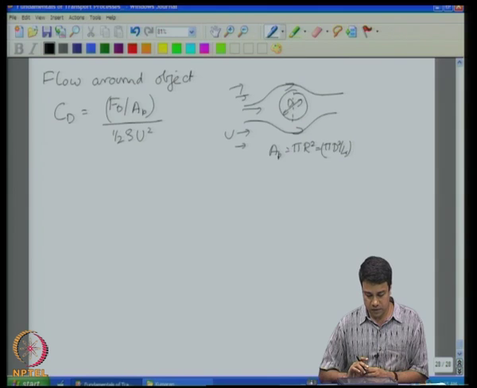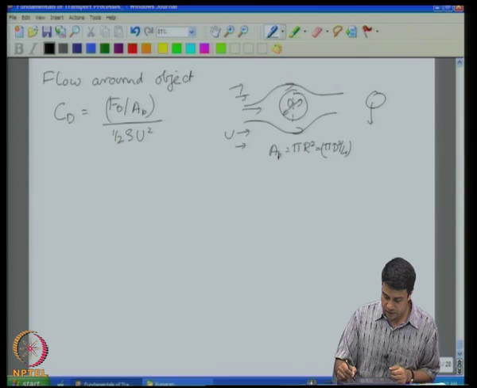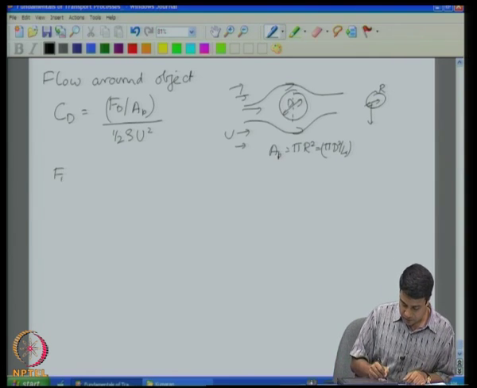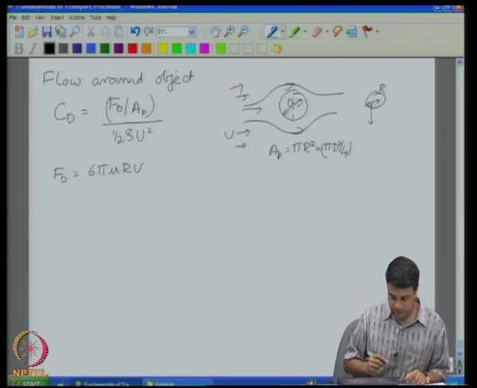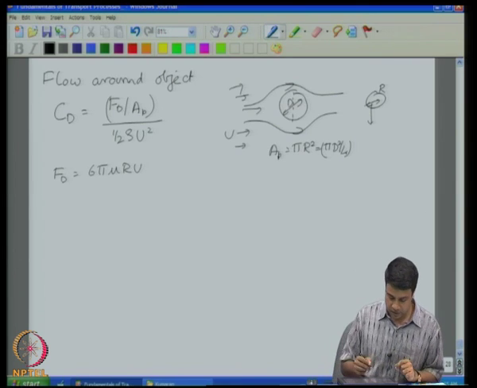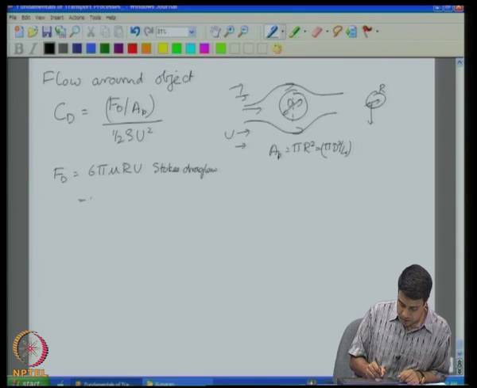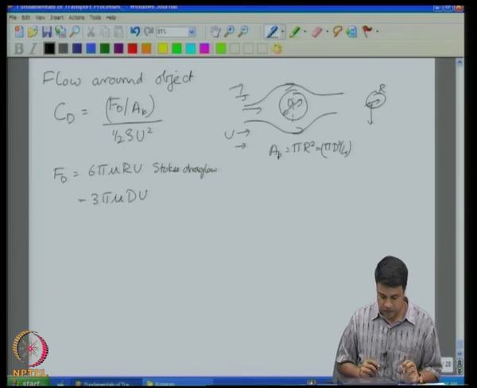If you recall, we solved the problem of a sphere settling in a fluid, with diameter d. The drag force was equal to 6 pi mu r u. In that problem, at low Reynolds number, Stokes drag law, which is equal to 3 pi mu times the diameter times the velocity.